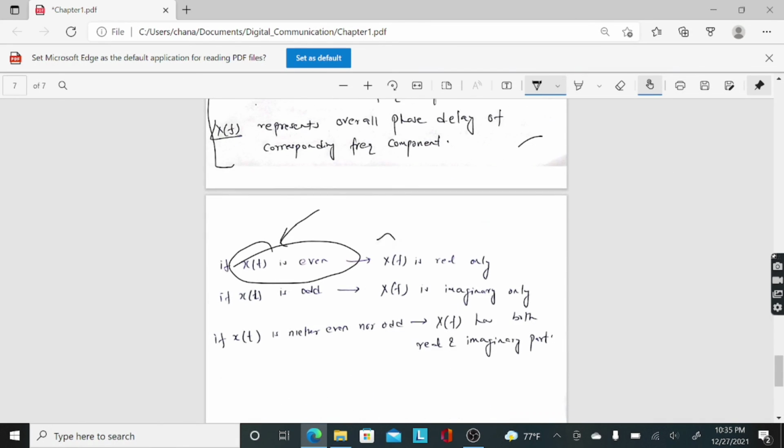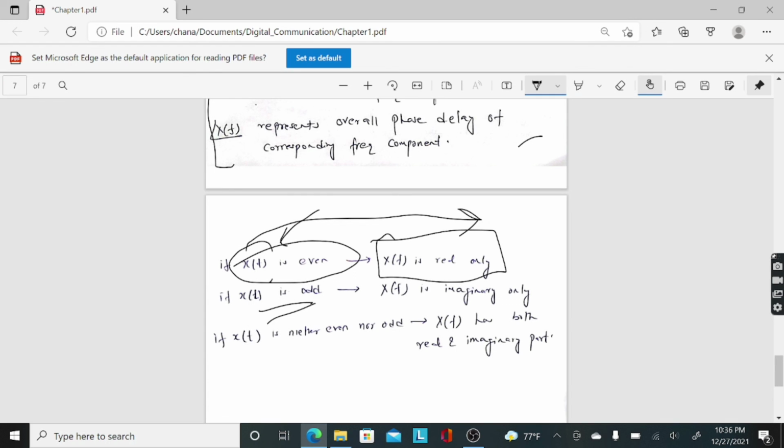So X(f) will be real only, since the in phase component is the real part of X(f). So when x(t) is even, X(f) will be even, and real only. There is a mathematical proof for this, but this is just an intuitive way to look at why X(f) would be real only when x(t) is even.